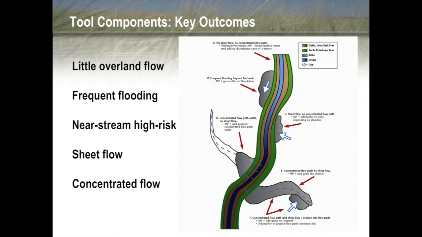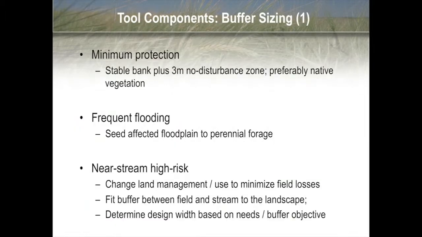The fourth is that it's more concentrated flow. In this case, you need to be concerned with that concentrated flow path and not necessarily the area beside it, because there's no water coming into the stream there. And the last is a combination of things, and you might have to address some upland management practices as well, dealing with erosion and those kinds of things. So those are the key outcomes.